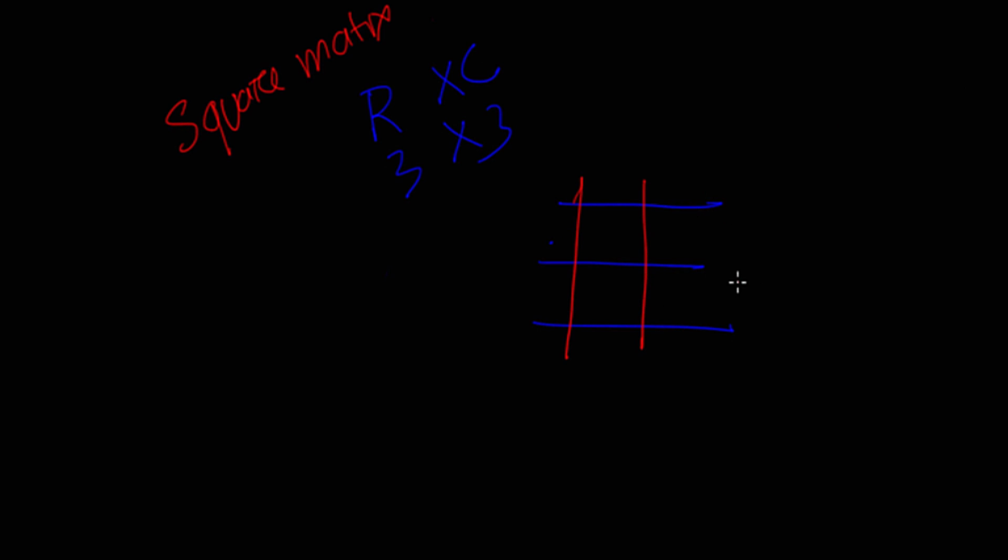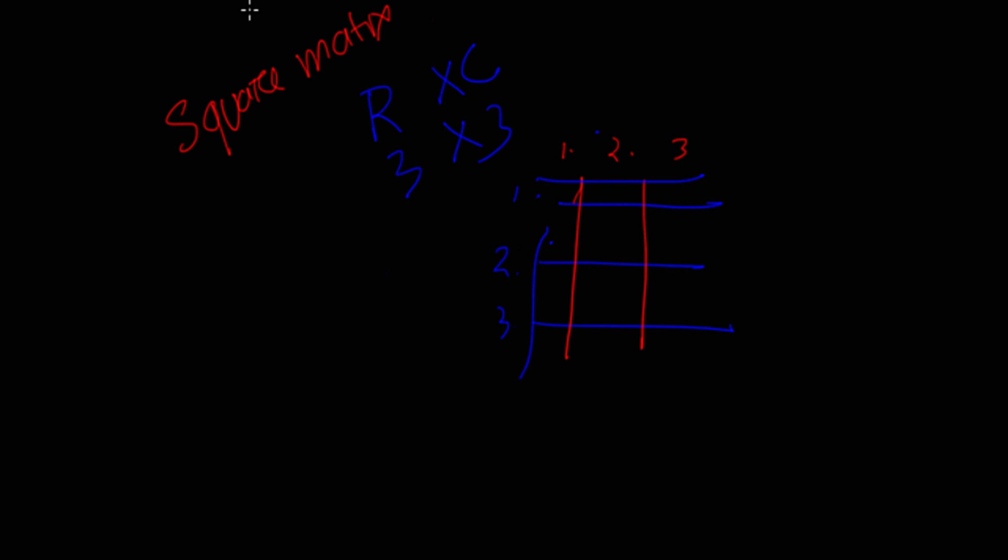Suppose these are columns 1, 2, 3, and these are rows 1, 2, 3. If it has the same number of columns and rows, then we will call it a square matrix.